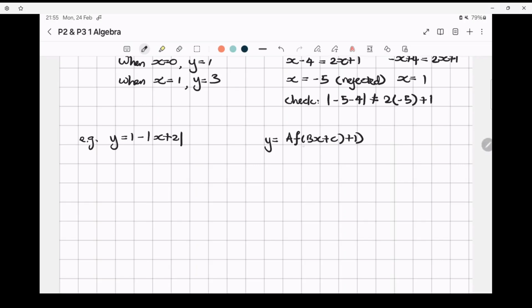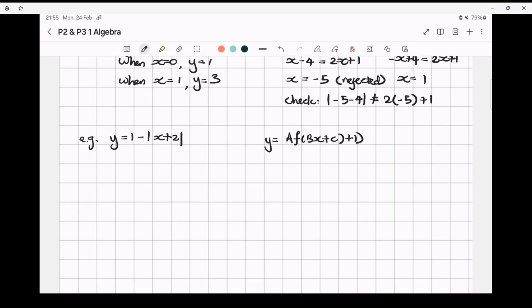So for B, it is totally opposite in terms of x direction. So for C, it will be moving to the left when it is positive, and it moves to the right when it is negative. And then for D, it will be the up down movement, but also totally opposite from your x direction. So I will explain more on this if, let's say, in the future I go back to P1 on the function transformation chapter.